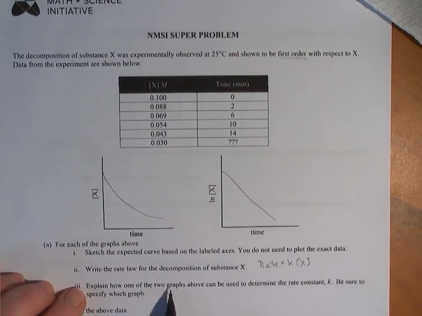Explain how one of the two graphs can be used to determine the rate constant. It doesn't say to find it, just explain how you would find it.